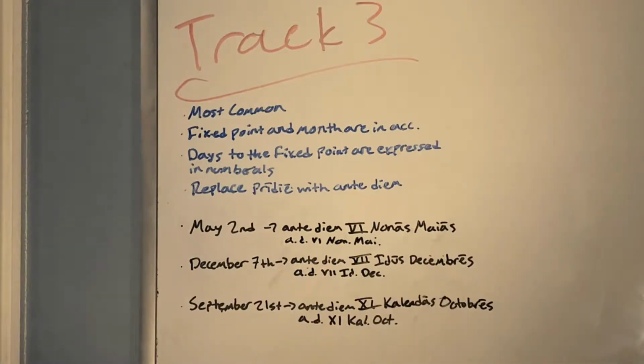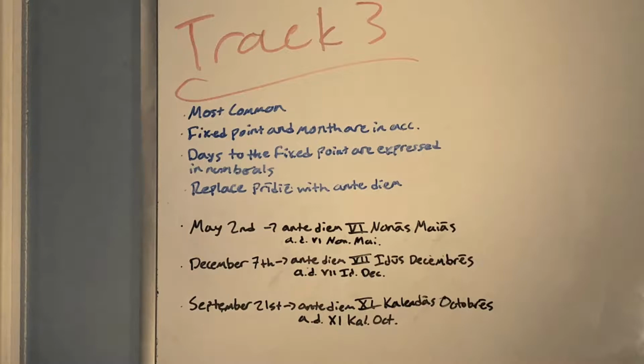Our final example, September 21st, I'm sorry there, this would be ante diem vi calendas octobres. Here I want to reiterate, if you are past the nones and the ides, then the fixed point that you are going to go to is the calends for the next month.